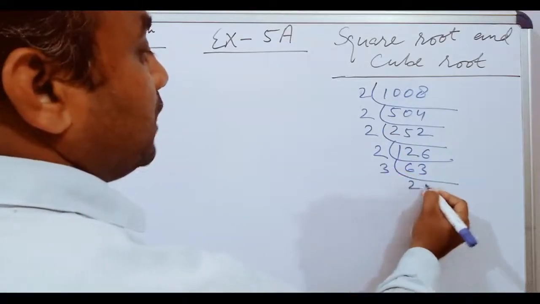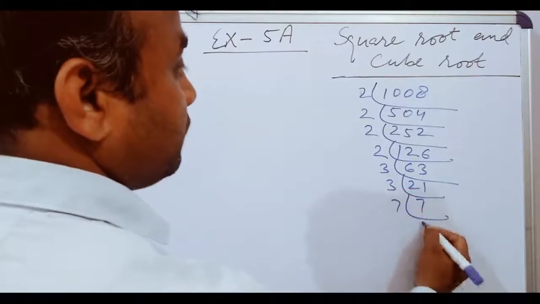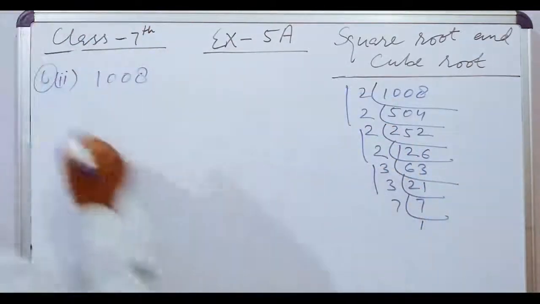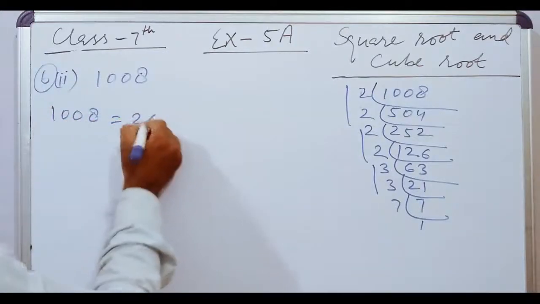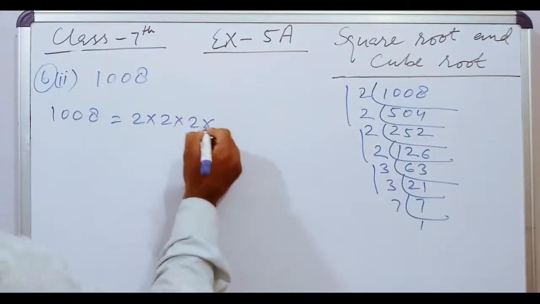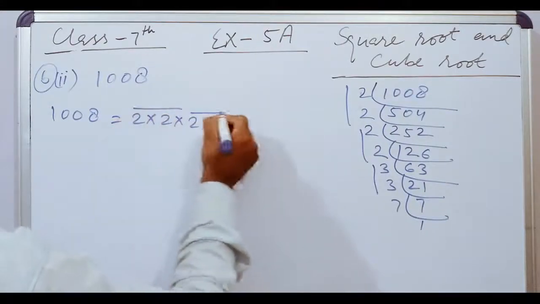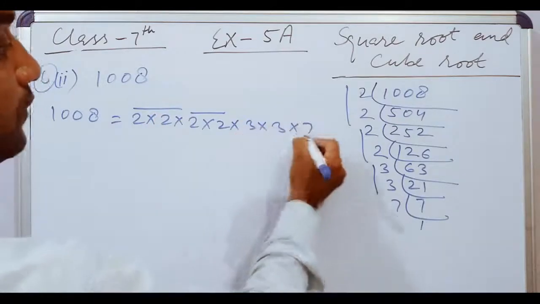Now 3 2s are 6, 3 1s are 3, 3 7s are 21, 7 1s. See, 1008 can be written as 2 into 2 into 2 into 2 into 2, 3 into 3 into 7.